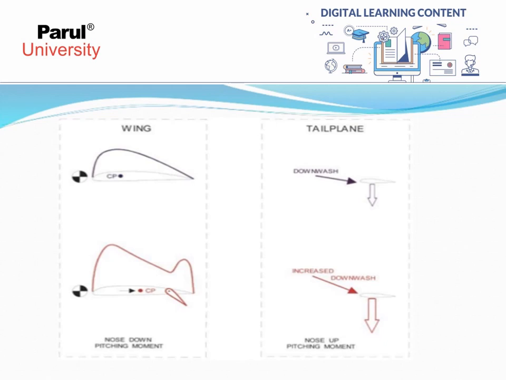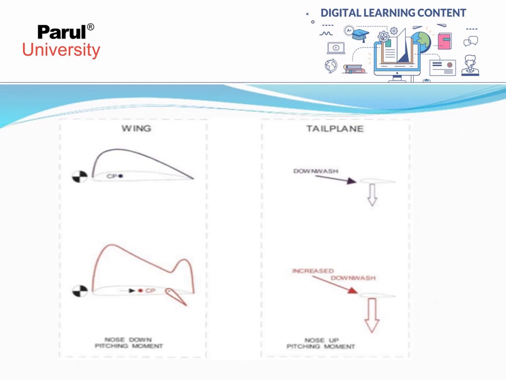Then nose down pitching moment, we can see the pressure distribution over the wing after nose down, and the previous one is the simple one. And in the tail plane, the downwash will be increased. Why? Because of the nose up pitching moment. Okay, we can see this in the figure for a wing and for a tail plane.